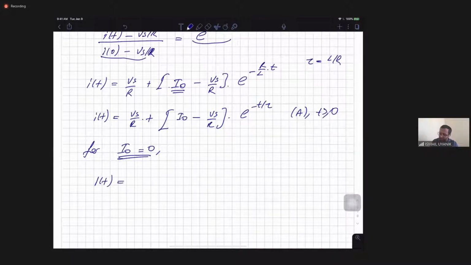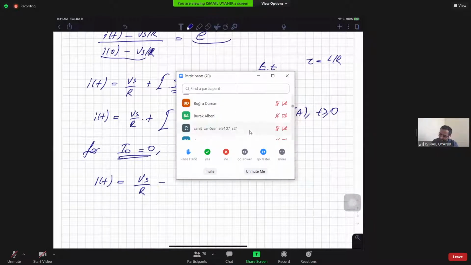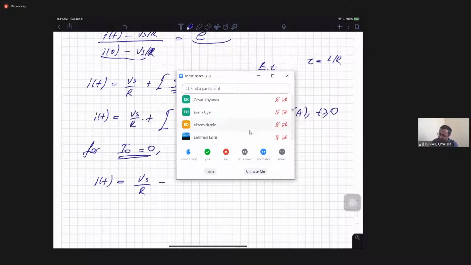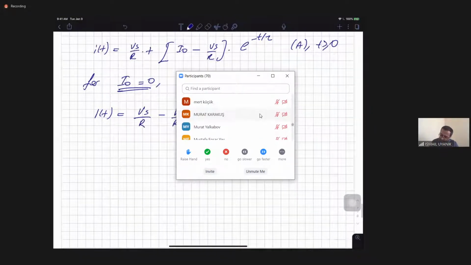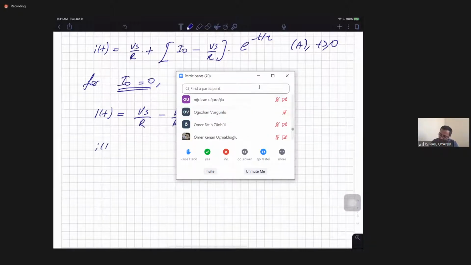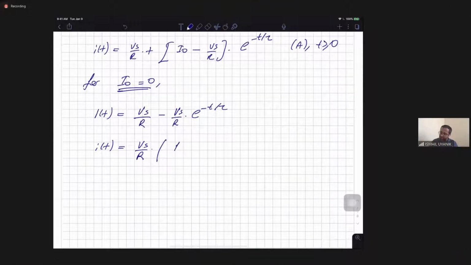What you're going to see is Vs over R minus Vs over R times e to the minus t over tau, right? Now I can put this into parentheses of Vs over R. So I of t is equal to Vs over R times one minus e to the minus t over tau.